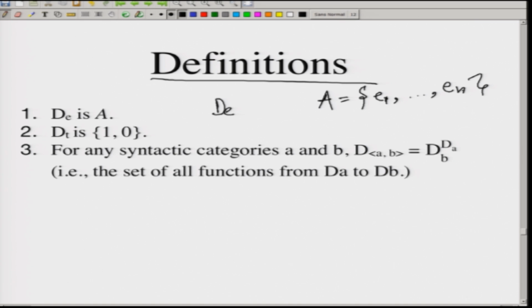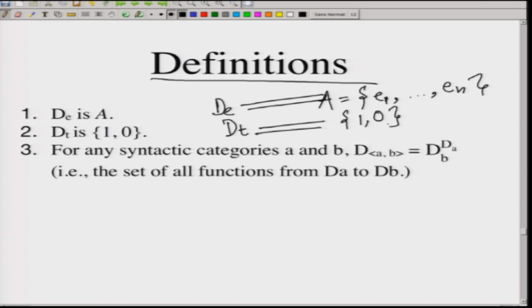From the type theoretical perspective, we call that d e, and then d t is another set, but not of entities, of truth values 1 and 0.